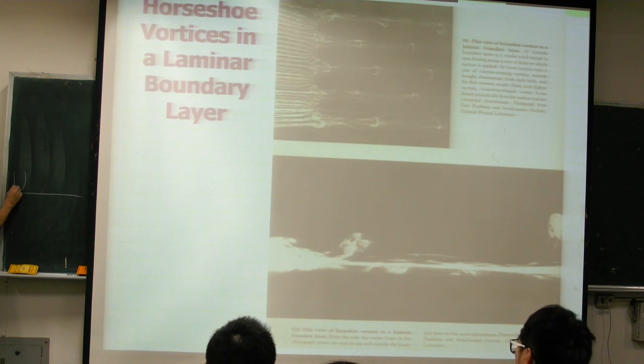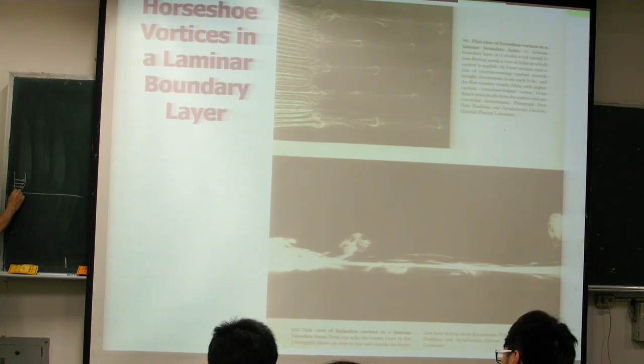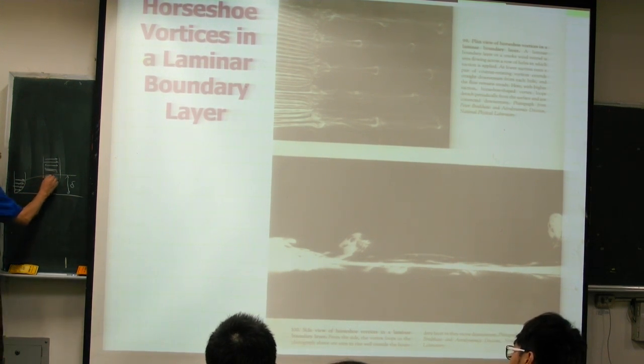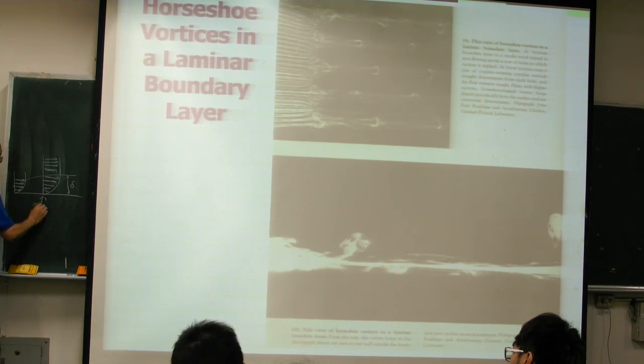This is the boundary layer, and above this boundary layer, we have uniform flow. Within the boundary layer, the velocity starts to decrease from the uniform flow to equal to 0. This is the no-slip condition.